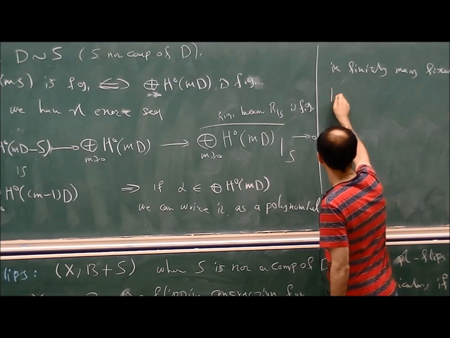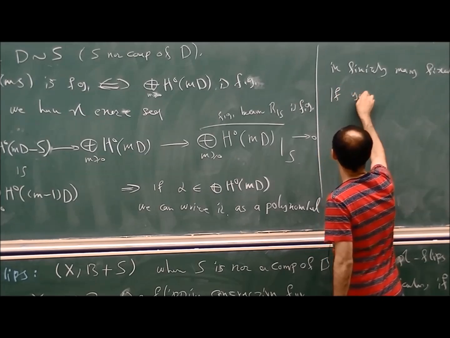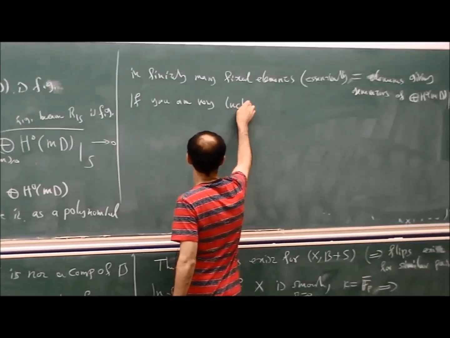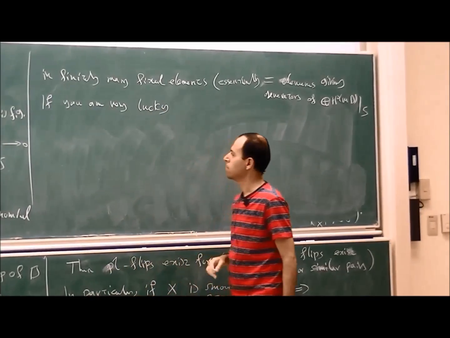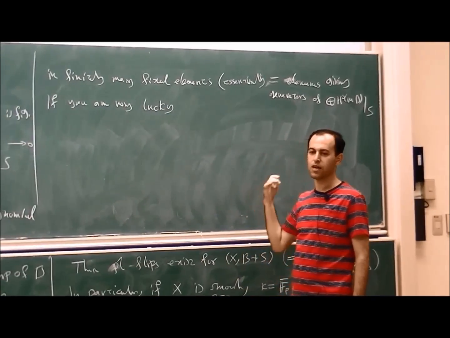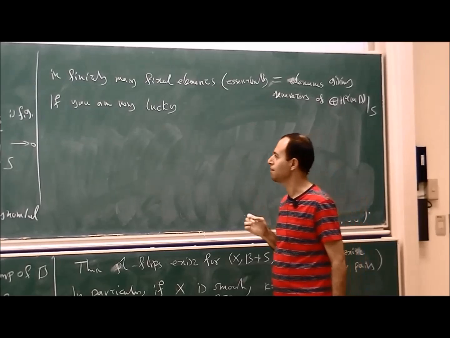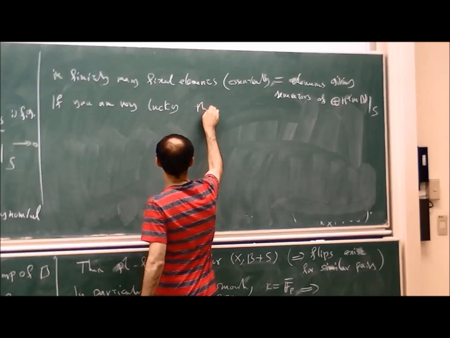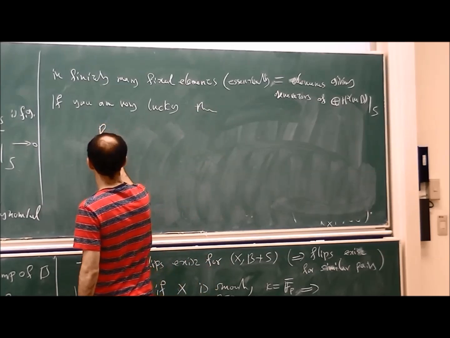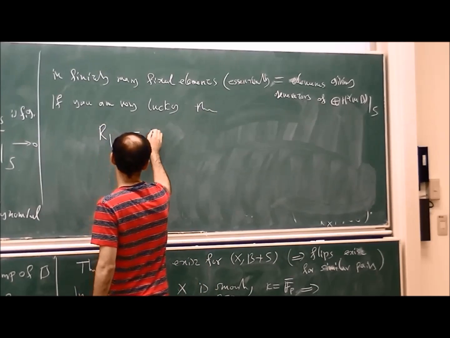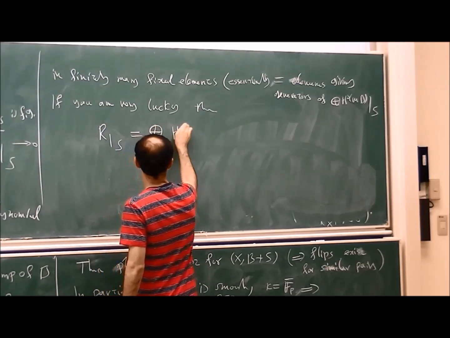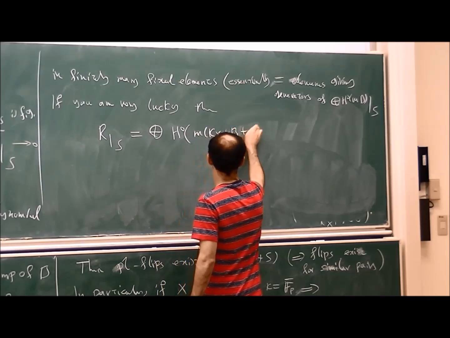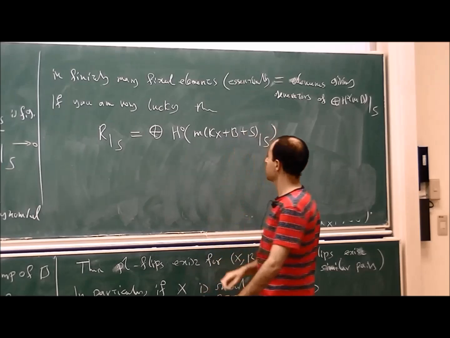Now, if you are very lucky, so I'm not this lucky, but maybe you are, the restriction of R to S may be just equal to the sections given by the restricted divisor.